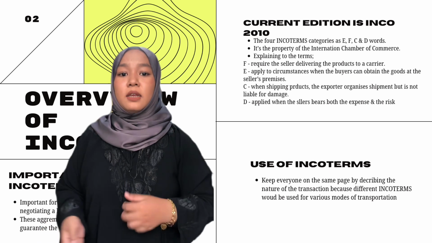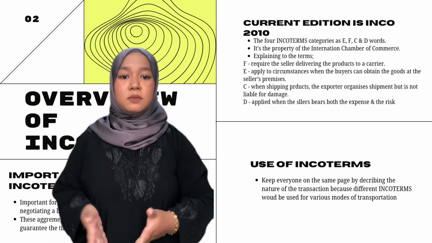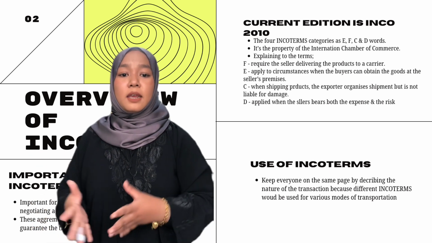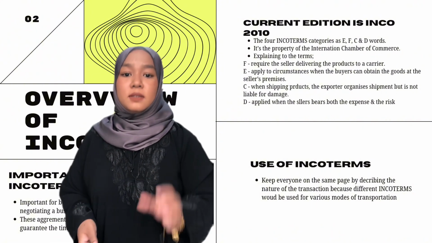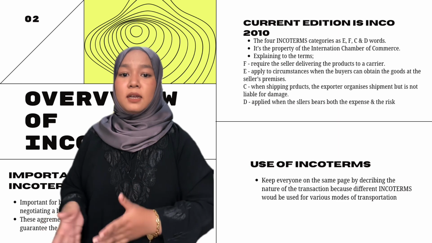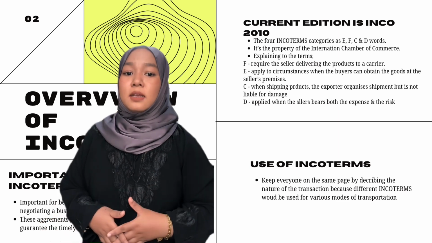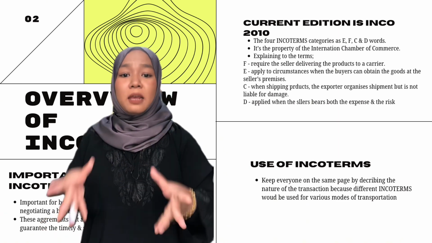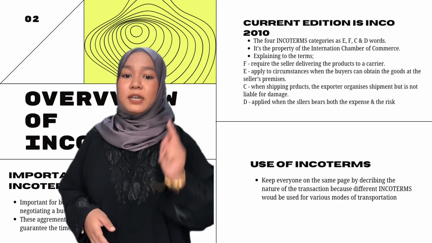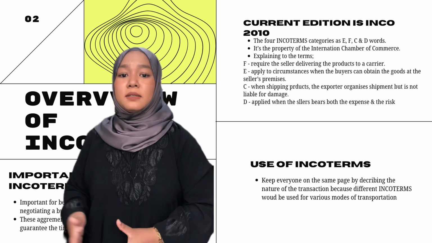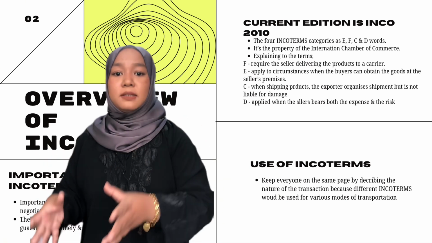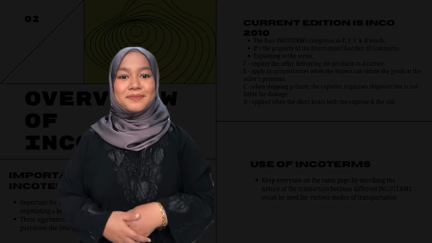E applies to circumstances when the buyer can obtain the goods at the seller's premises. For C, when shipping product, the exporter organizes shipment but is not liable for damage. And the last one is D, which applies when the seller bears both the expenses and the risk.